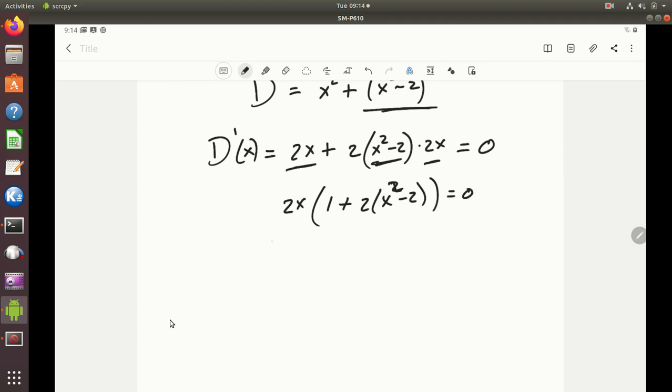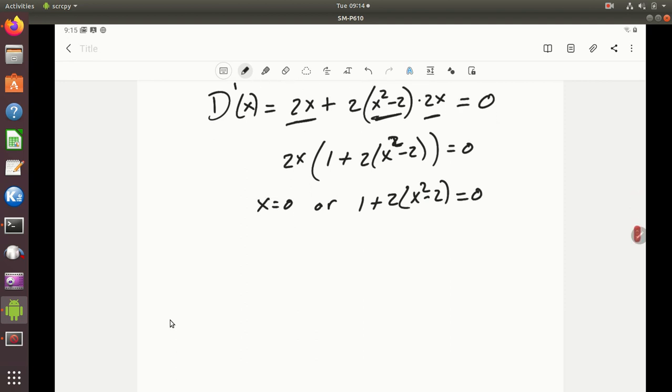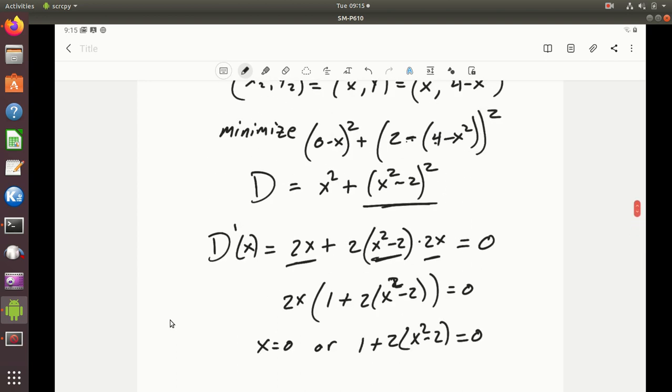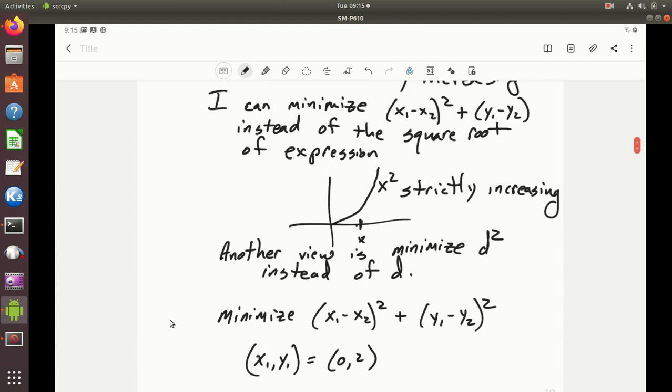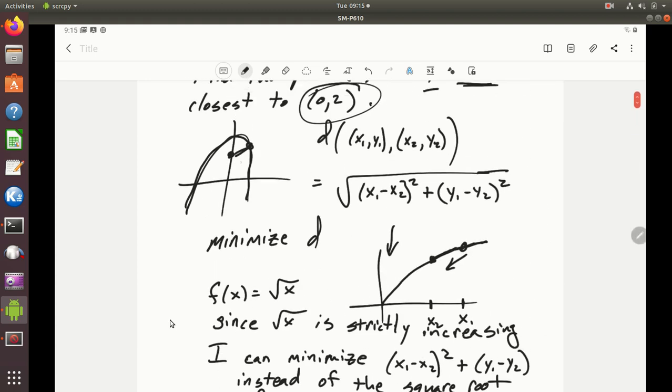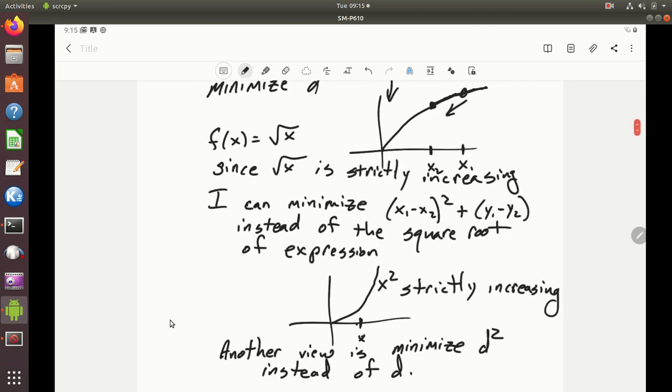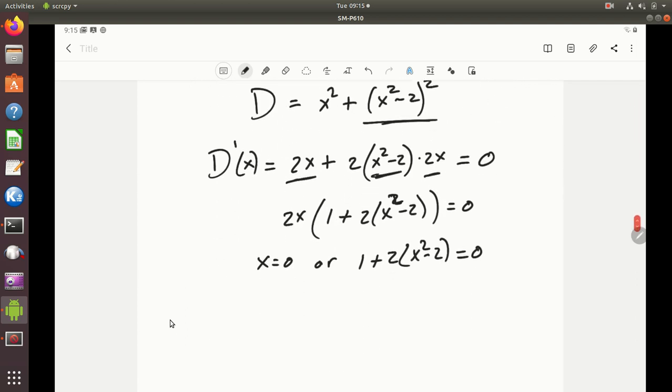So either x equals 0 from the 2x equals 0, or 1 plus 2 times x squared minus 2 is equal to 0. Well, x equals 0 actually is not a bad guess. I mean, if I come back up to this picture, that would be the x equals 0 would be the point right above 0, 2.